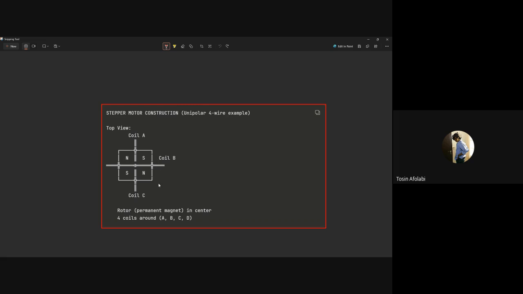So starting at a position, it does 90, another 90, that makes 180. Then D and A make it 360. We talked about 200 steps in a single revolution, that's 1.8 degrees per step. Do you understand? If you don't understand, let me know and I'll explain.